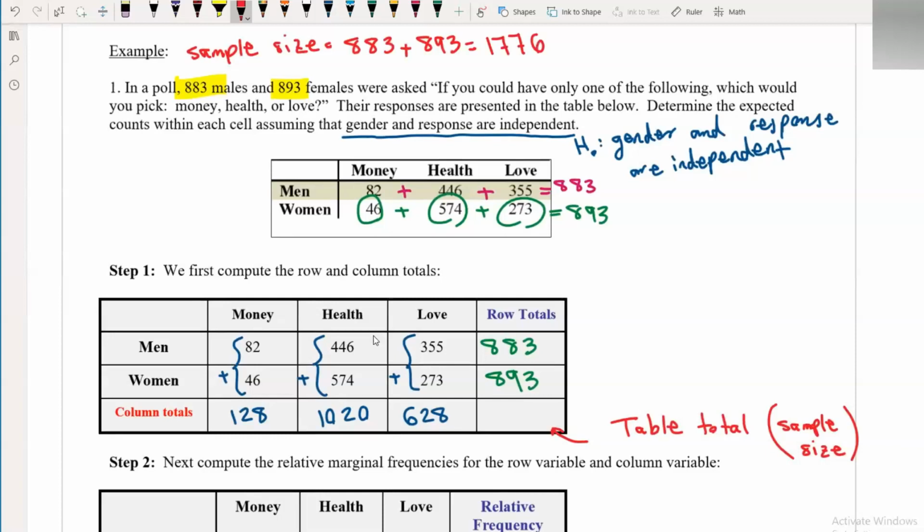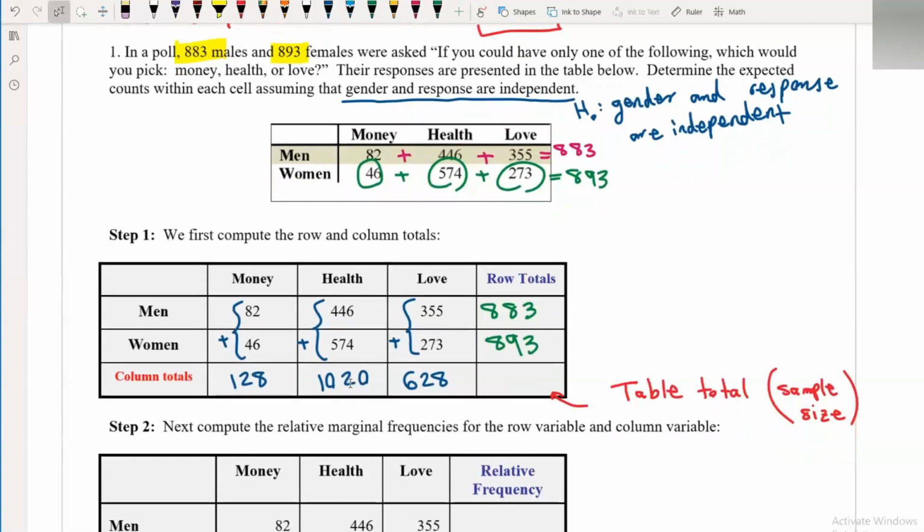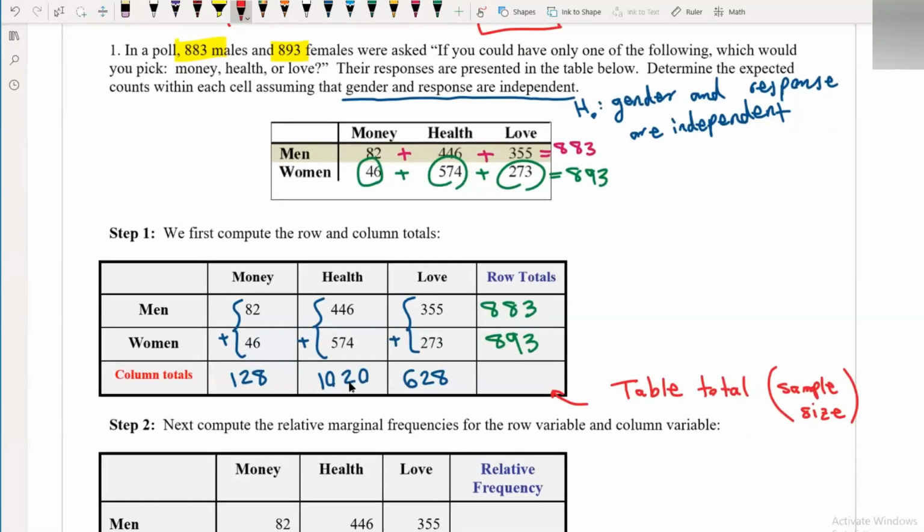This is our sample size. So do the same thing on this part, adding either these two or these three. It doesn't matter which one. You're going to have exactly the same answer, and that is equal to 1,776.